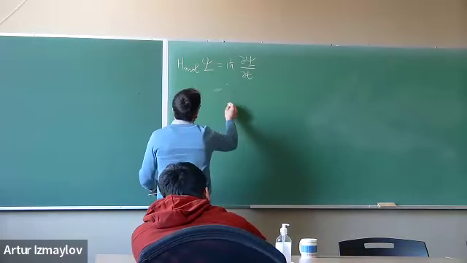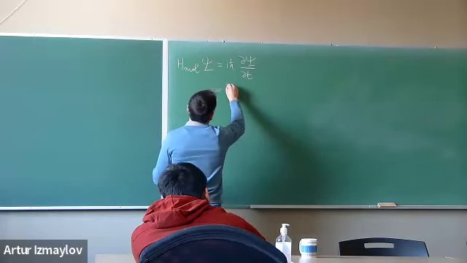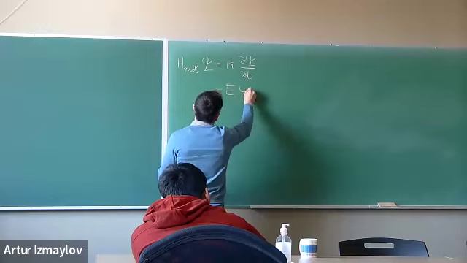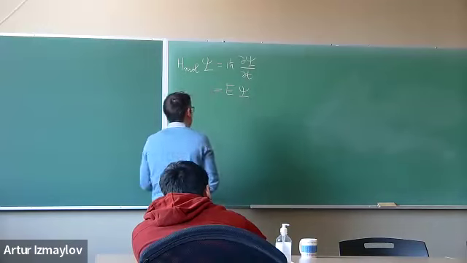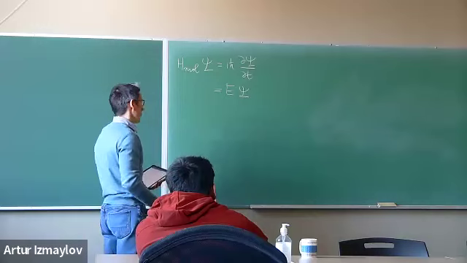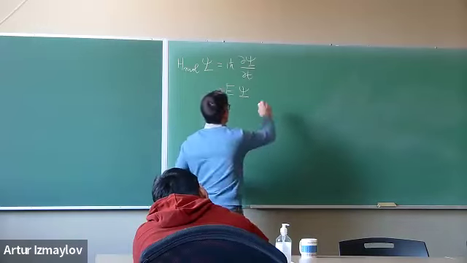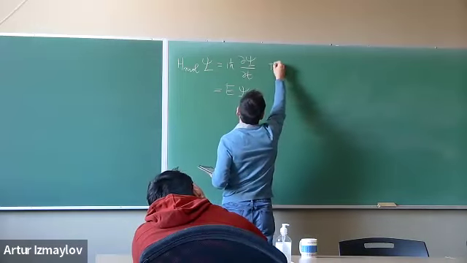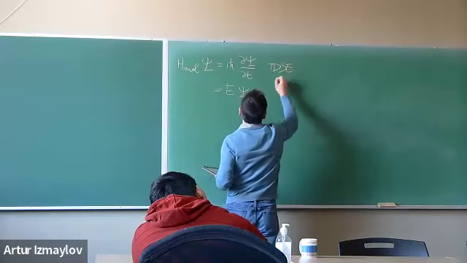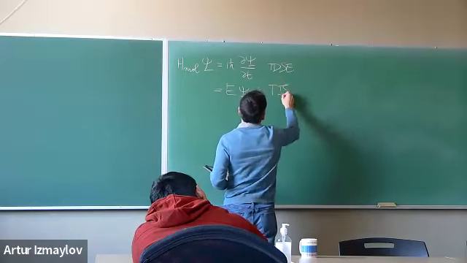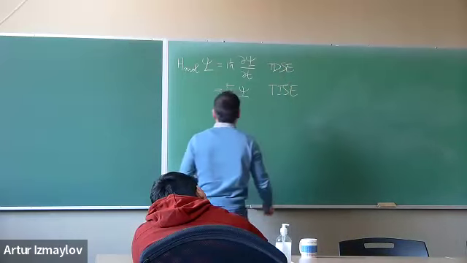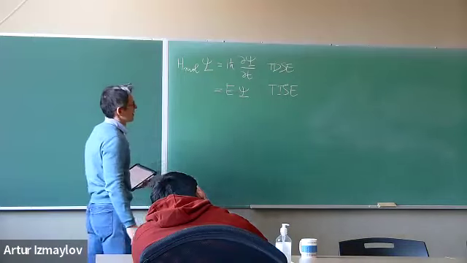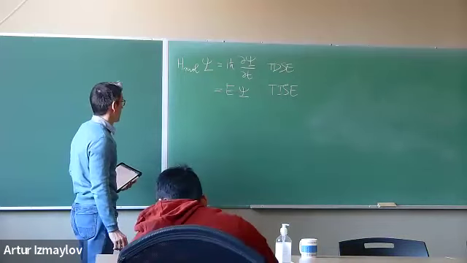Generally for dynamics, what is interesting is the time dependent one, while the time independent Schrödinger equation is for various types of spectroscopies.